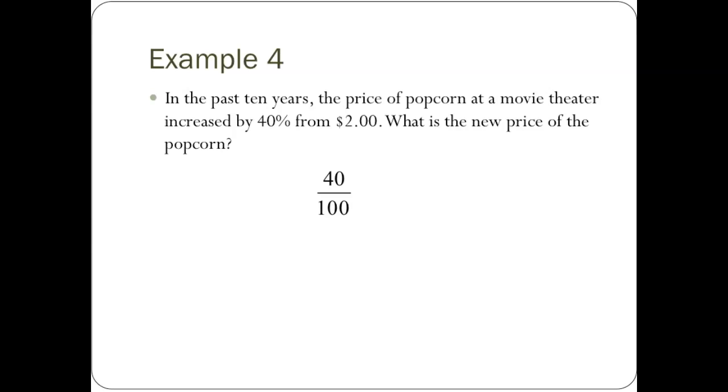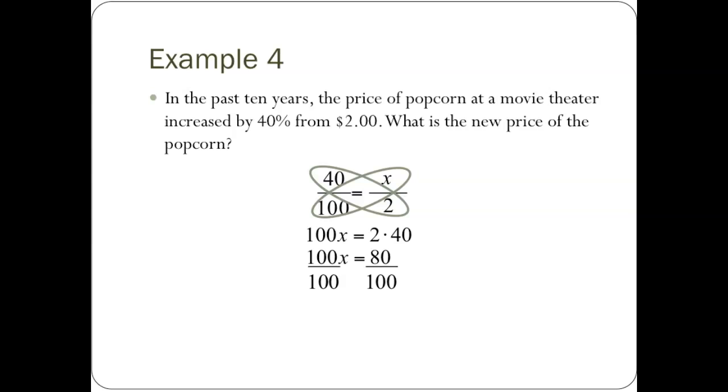That was the whole price. We want to know what 40% of $2 is. So we can go ahead and cross multiply, and that would give us 100 times x equals 2 times 40, which is 80. Divide both sides by 100, and we get x is equal to 0.8.